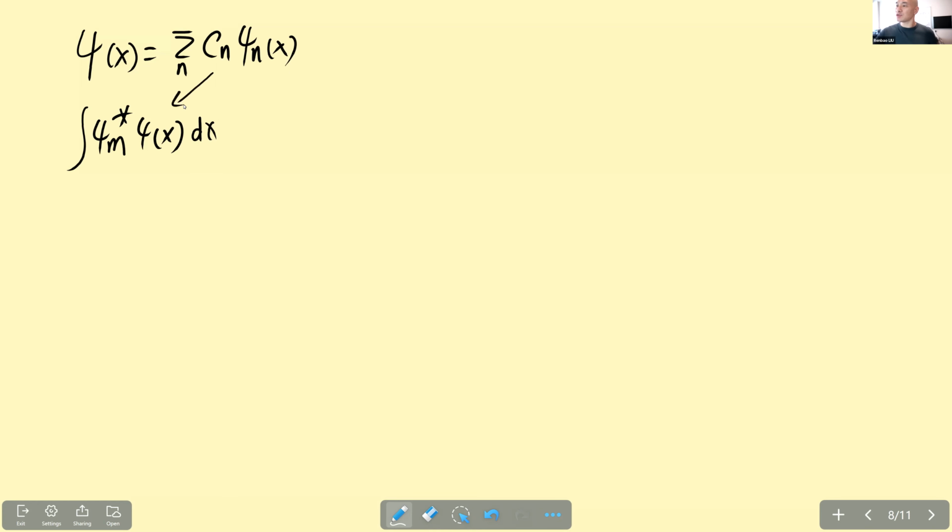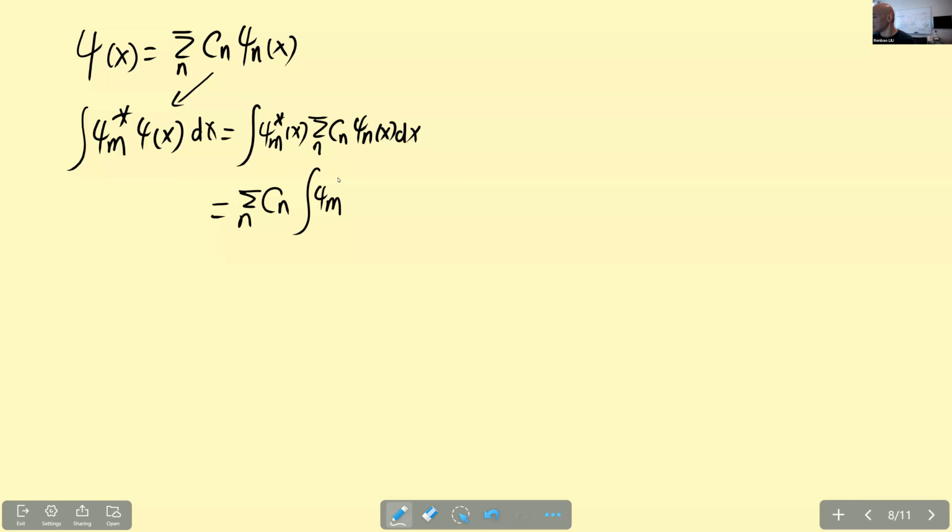We put the expansion back in, so that it equals the integral of ψ_n*(x) times the summation over m of C_m ψ_m(x) dx. This is a lot of fun, doing this kind of mathematics with these eigenstates. We can do the summation outside, of course. Now use the orthonormal properties.